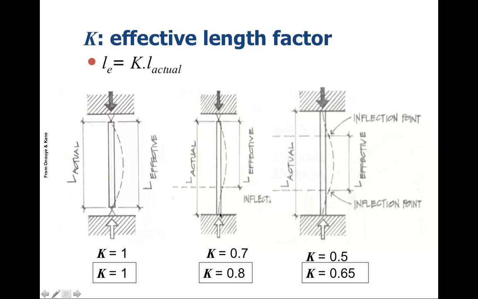Another scenario is where it's fixed at the bottom, so it can't rotate very easily at that point, but it can rotate as a pin connection at the top. In this case, we have a shorter effective length, K equal to 0.7. And then what about the case where it's fixed at the top and the bottom? Here we have K equal to 0.5.